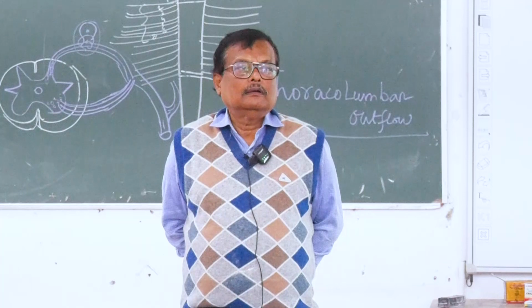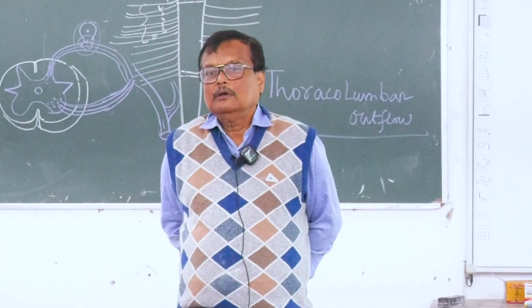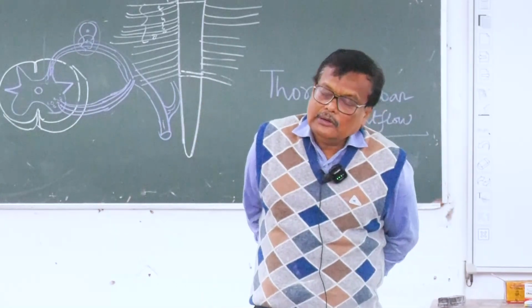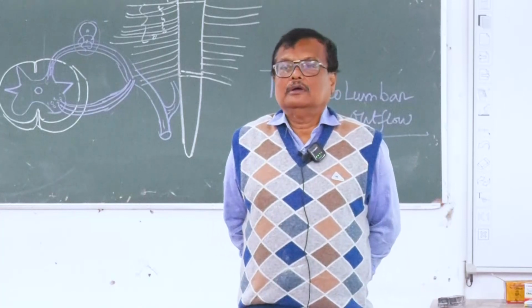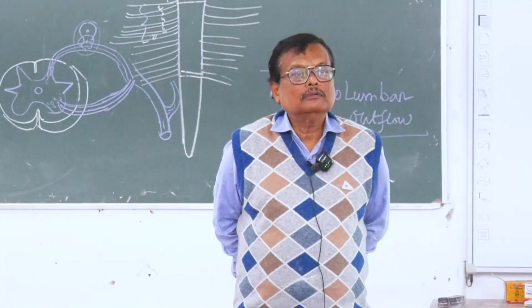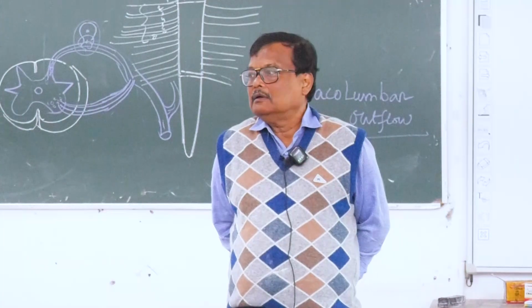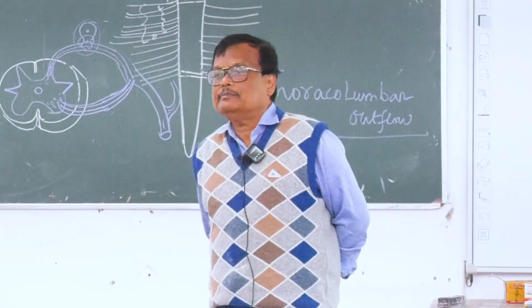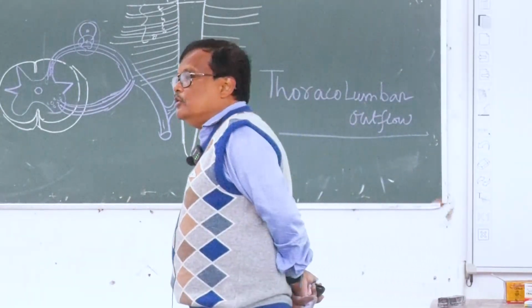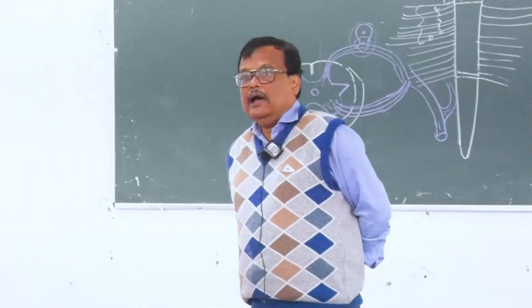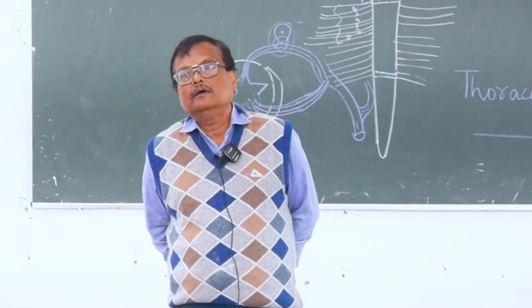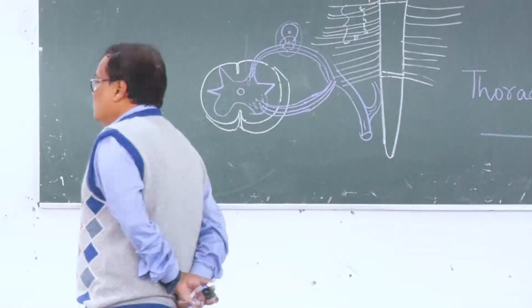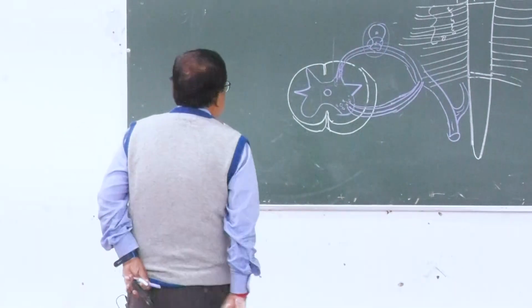Yes, T1 to L2. And what name will be given to S2, S3, S4? Yes, sacral outflow. Correct, sacral outflow, because it comes only from the sacrum. So sacral outflow is meant for the parasympathetic system and thoracolumbar outflow is known as the sympathetic system, right? We know it is part of the autonomic nervous system.